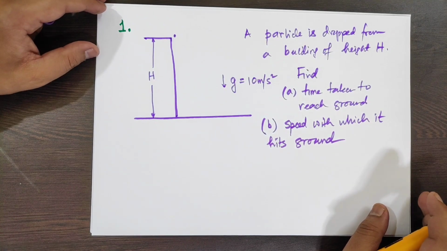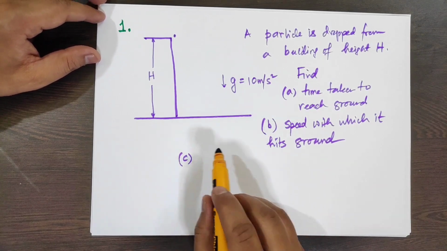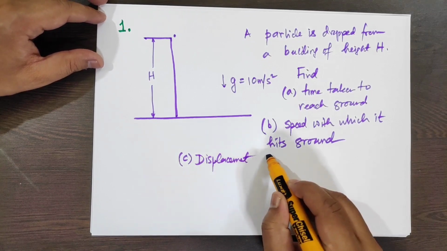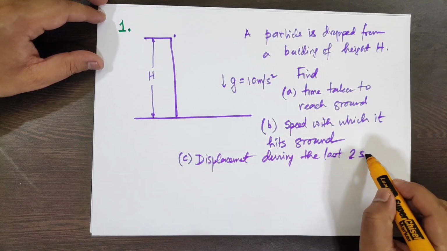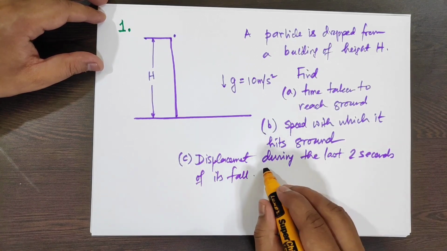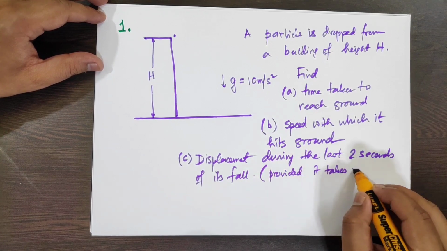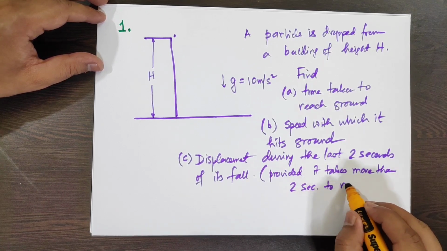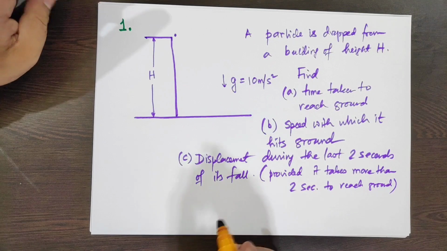Next, the displacement during the last 2 seconds of its fall. So it's already provided that it takes more than 2 seconds to reach ground, else it doesn't make any sense. So this is the problem.